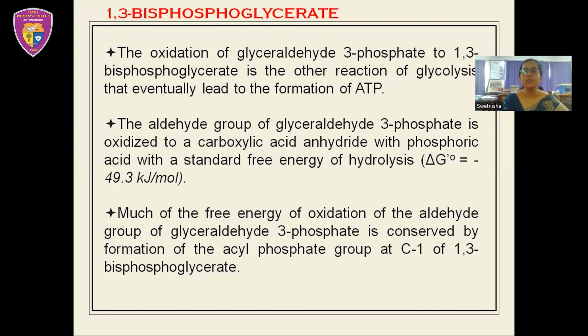You see that glyceraldehyde 3-phosphate has only one phosphate group, at the third carbon. Now when another phosphate group is added at the first carbon, it results in the formation of 1,3-bisphosphoglycerate. The addition of this phosphate group at carbon 1 stores a really high amount of energy.